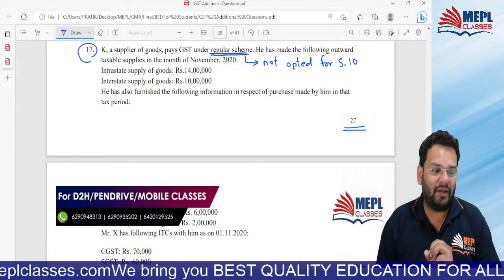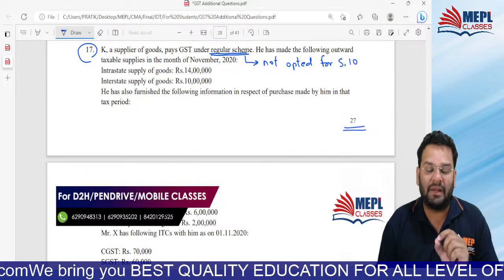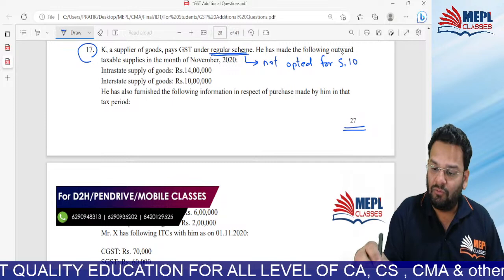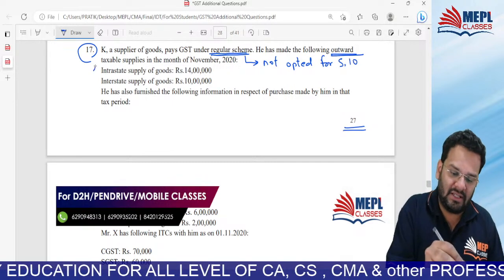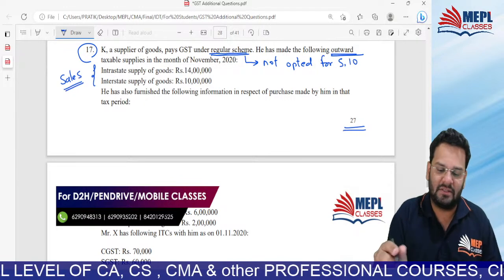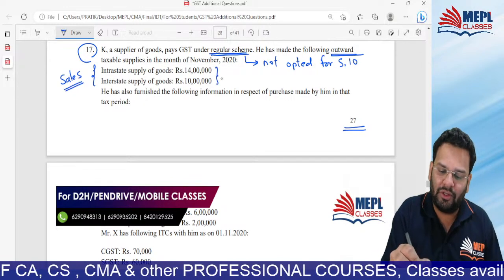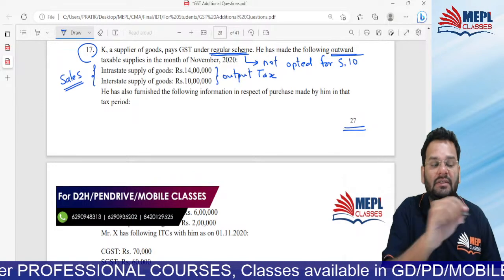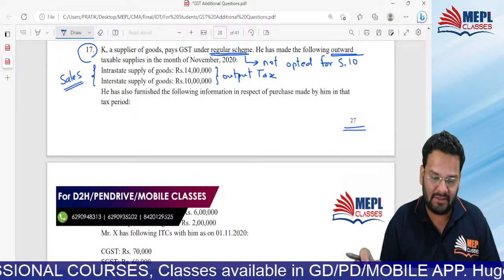He made following outward taxable supplies in month of November 2020. So these are your sales, outward supplies. On this, there is going to be output tax. Agreed?